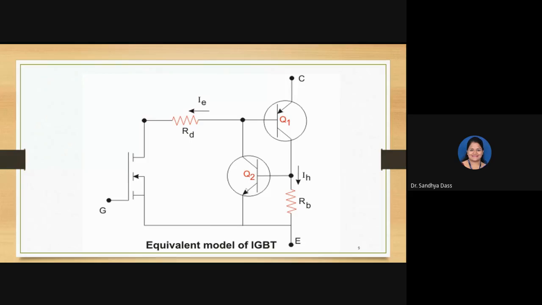You have the gate terminal of the MOSFET structure, the two resistances RD and RB, the resistance offered by the drift region and the body region respectively, and the collector and emitter terminals of the BJT. All right. So I think I was here where I just stopped.